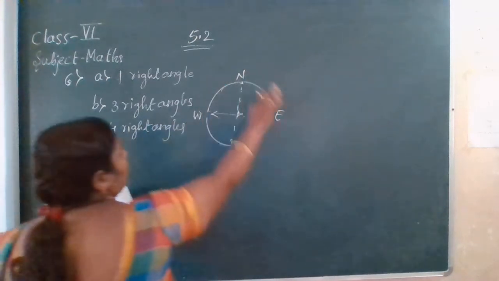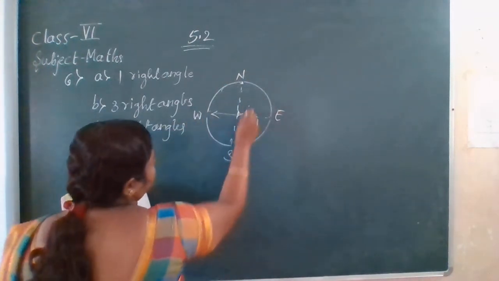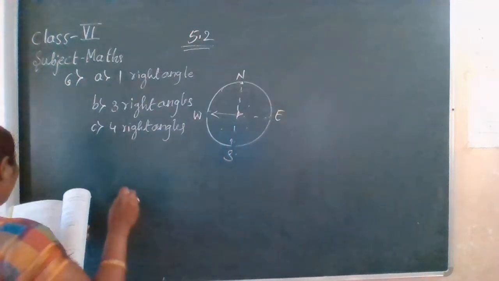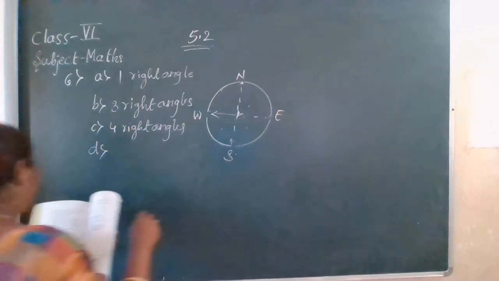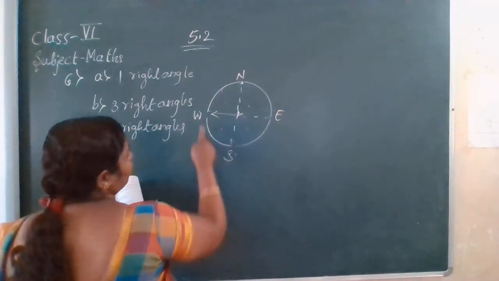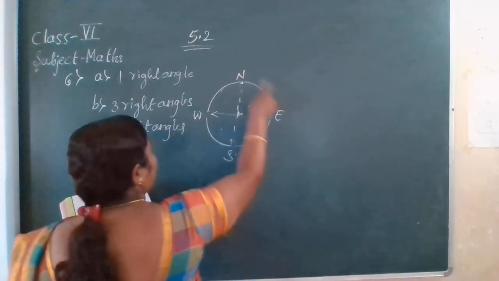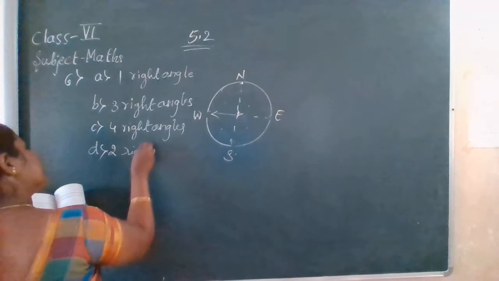To complete one rotation, one circular motion, we pass four right angles. Then D, south and turn to north. If you go like this or like this, there will be two right angles.